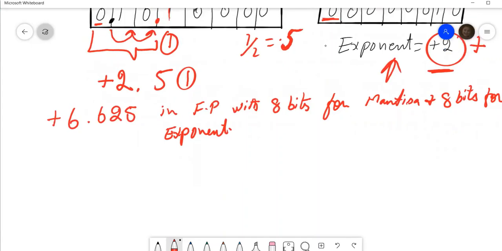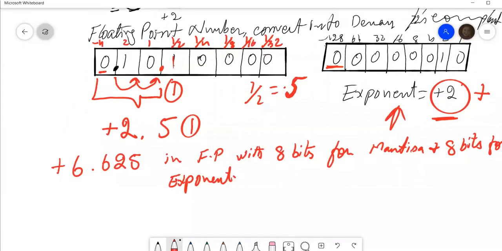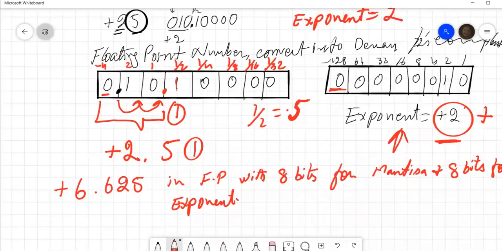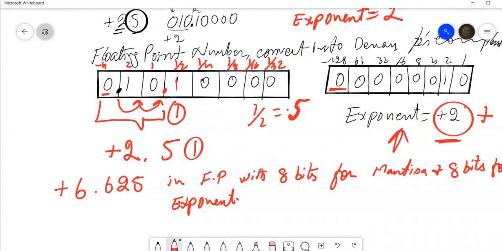Waka, you asked what is mantissa and what is exponent. So when we are representing a decimal number as floating point, this is known as mantissa and these bits are known as exponent.